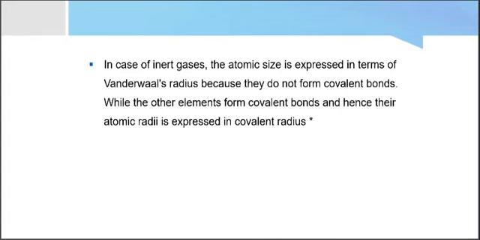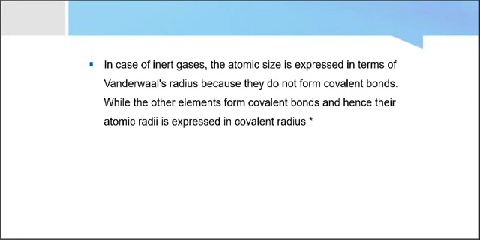There is one more reason, it is not in the syllabus, but it is for your better understanding, that in case of inert gases, the atomic size or atomic radius is expressed in terms of van der Waals radius, because they do not form covalent bonds. So it is beyond the syllabus, just for your explanation, that they form van der Waals radius.